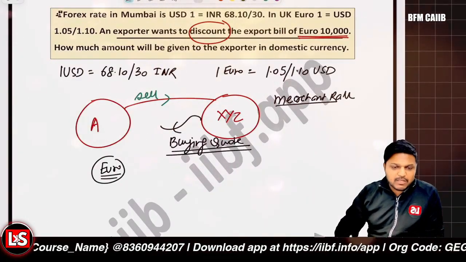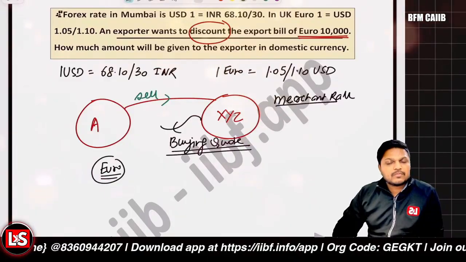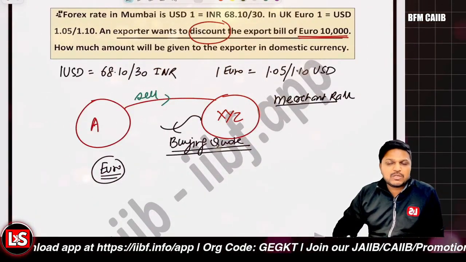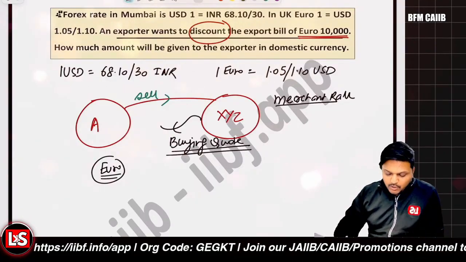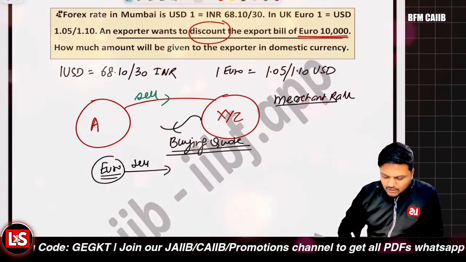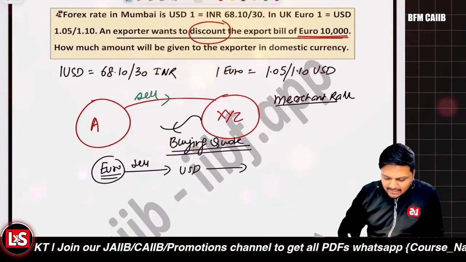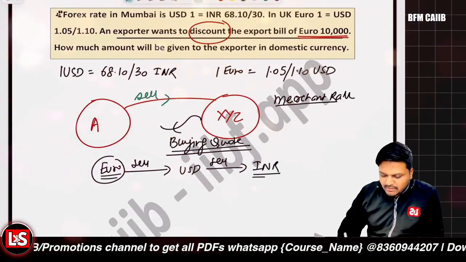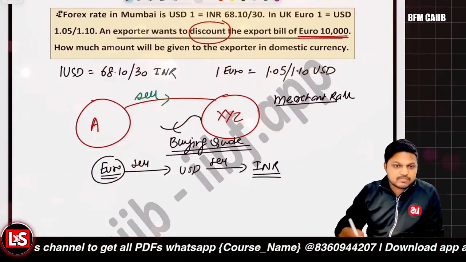There is no direct combination related to the euro to INR. The combination is related euro to USD and USD to INR, which is available. Now, first of all, you will be selling the euro and getting the USD, and then you'll be selling the USD and will be getting the INR. Now, accordingly, we will be calculating the answers.